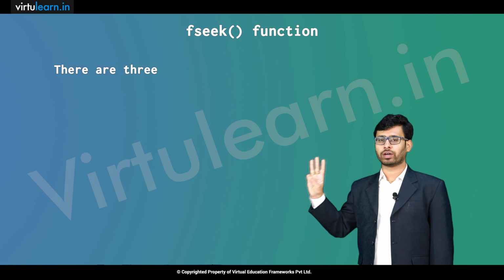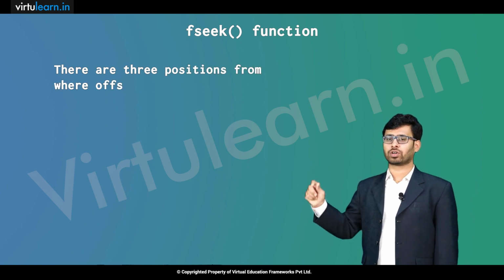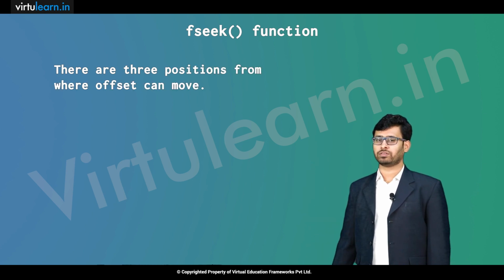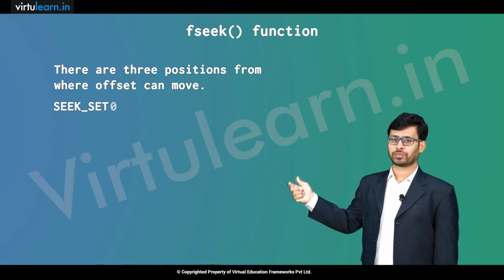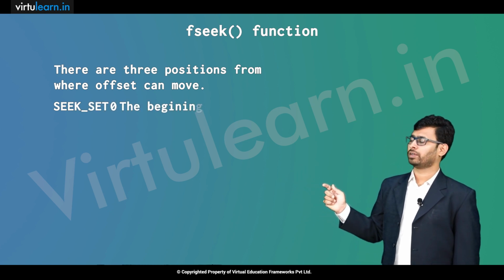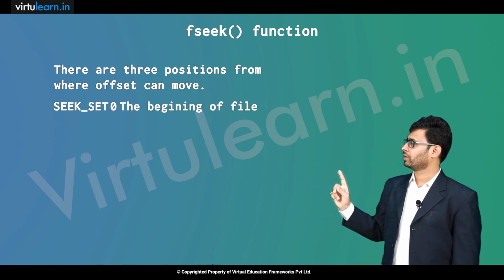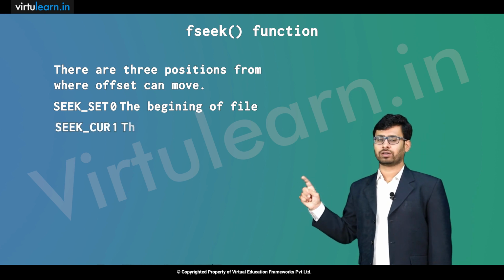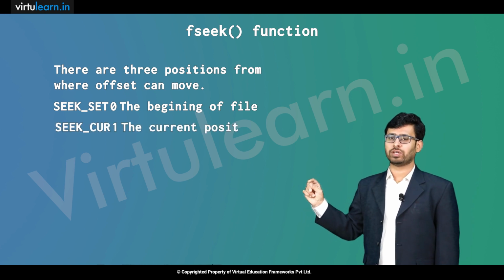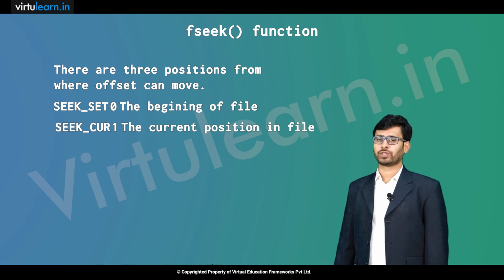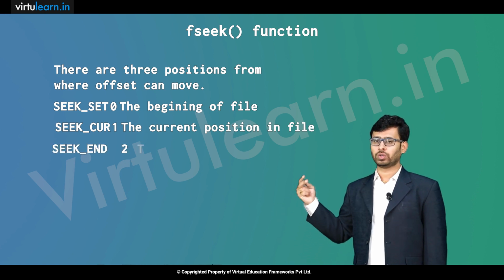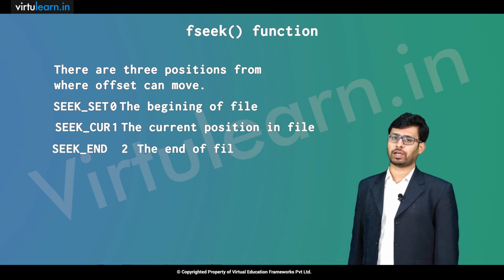There are three important positions from where your offset can move. That is SEEK_SET. If you give it as 0, it is the beginning of the file. SEEK_CUR, 1, which means the current position in the file. SEEK_END, 2, which means the end of the file.